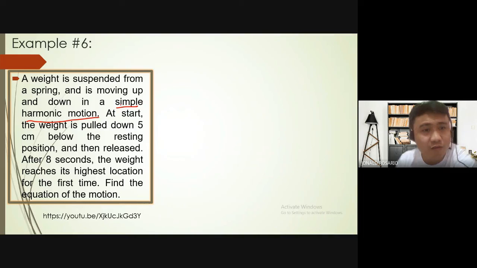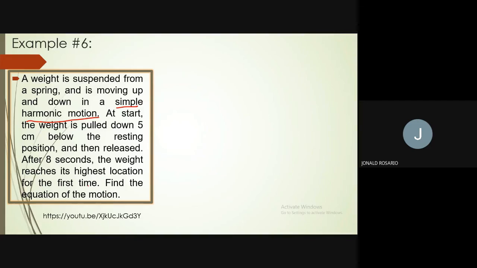Meron tayong mga uniform motion, and merong simple harmonic motion. At the start, the weight is pulled down 5 centimeters below the resting position and then released. After 8 seconds, the weight reaches its highest location for the first time. Find the equation of the motion.